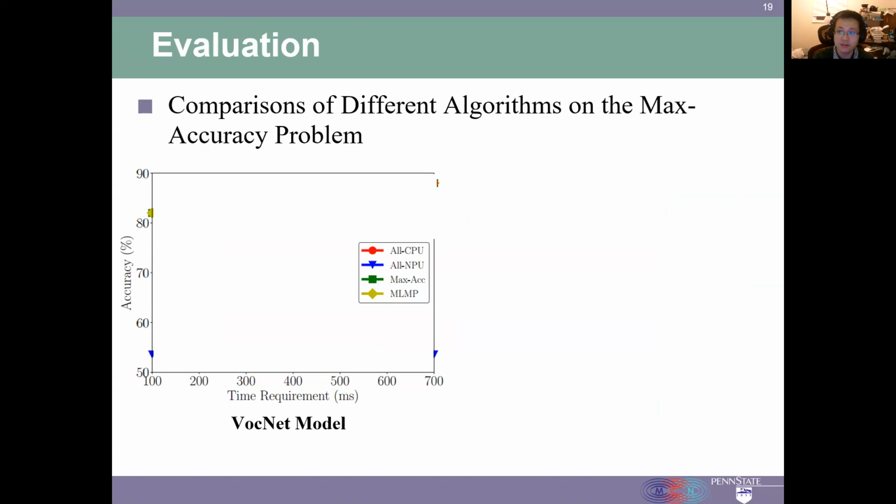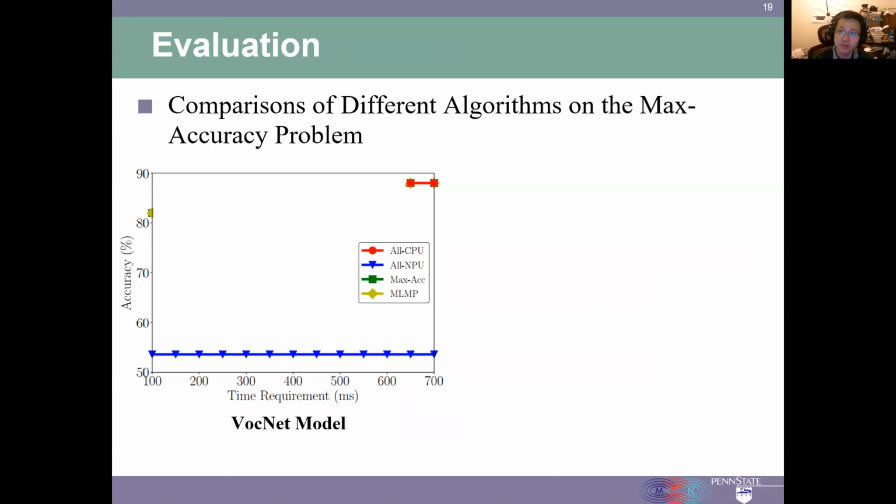Now let's first take a look at the comparison between different algorithms on the max accuracy problem. The red line shows the performance of the all-CPU method, where all the layers are run on the CPU. Although it can achieve the highest accuracy, it takes a lot of time to run the DNN model on the CPU. Therefore, it cannot satisfy the time requirements in many test cases. The blue line represents the all-NPU method, where all the layers are run on the NPU.